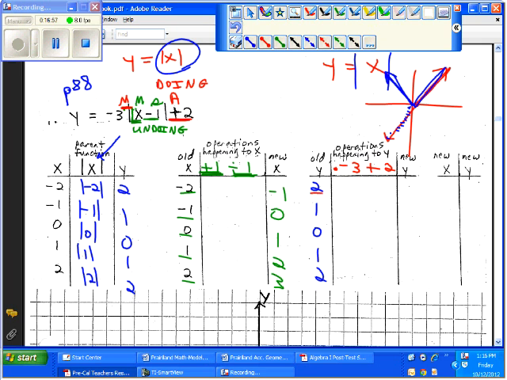And then the y's, 2 times negative 3 is negative 6 plus 2 is negative 4. 1 times negative 3 plus 2, negative 1. 0 times negative 3, 0 plus 2, 2. 1 times negative 3 plus 2, negative 1. 2 times negative 3, negative 6 plus 2, negative 4.